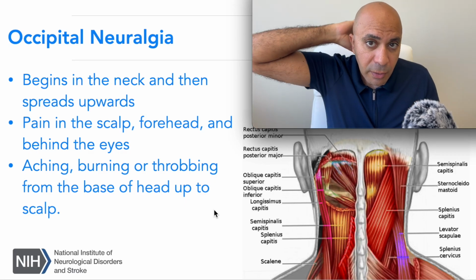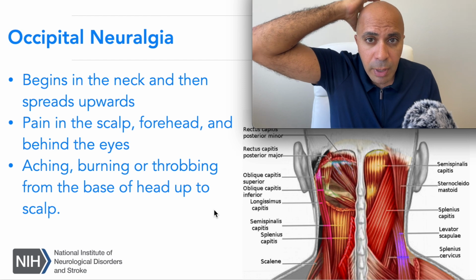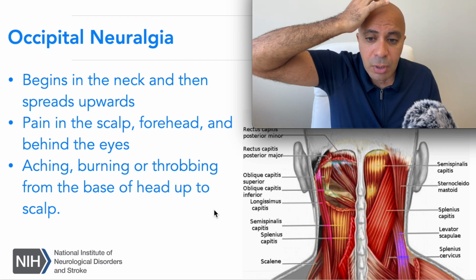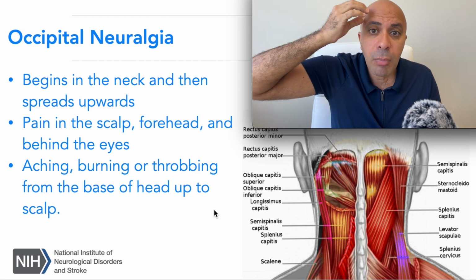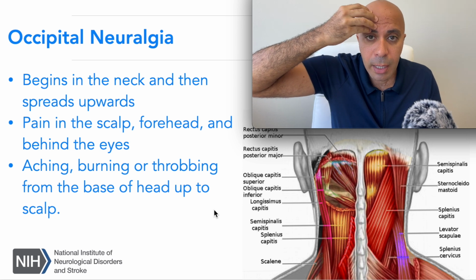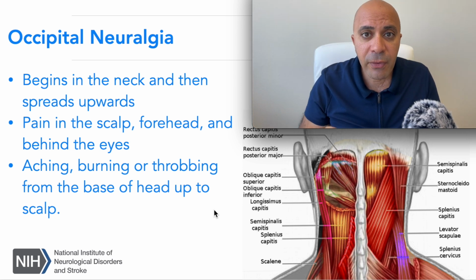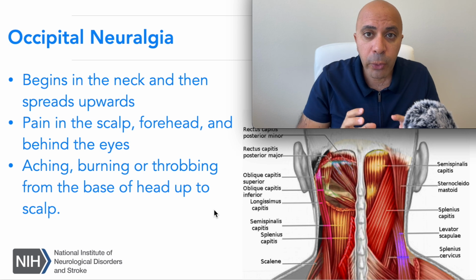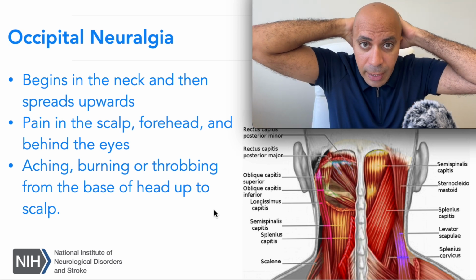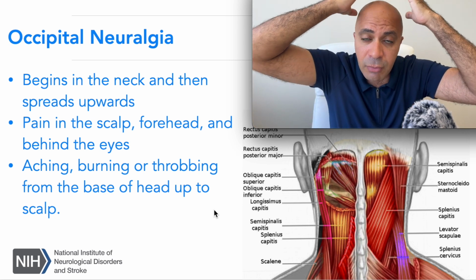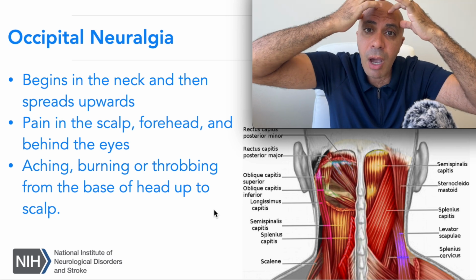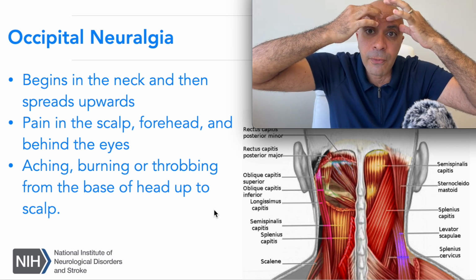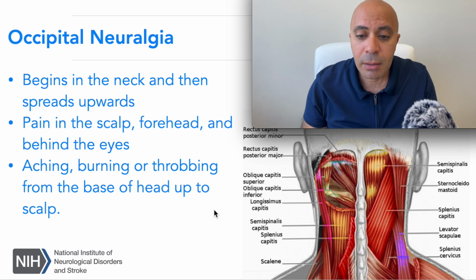So it usually starts from here and goes all the way up, sometimes to the forehead and behind one eye. Some patients could have occipital neuralgia on both sides of the neck, with radiating pain going up behind their eyes.